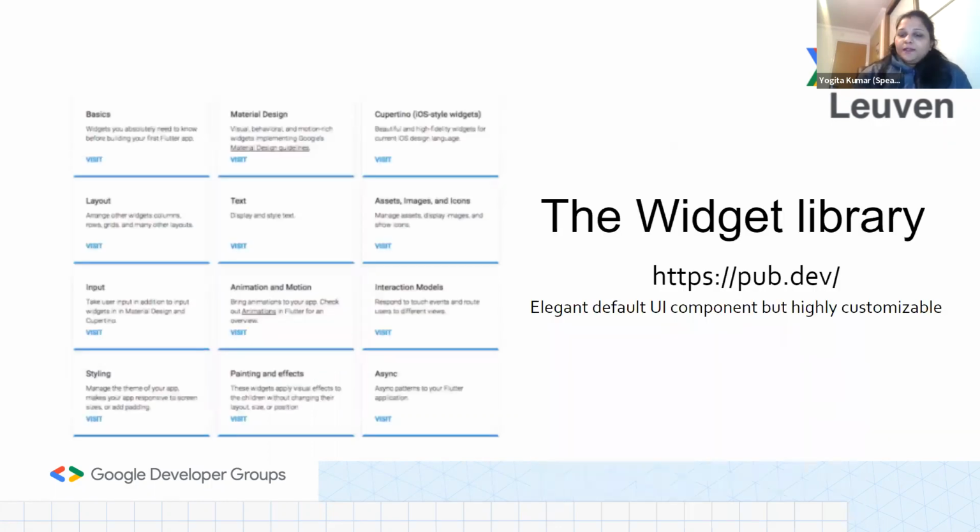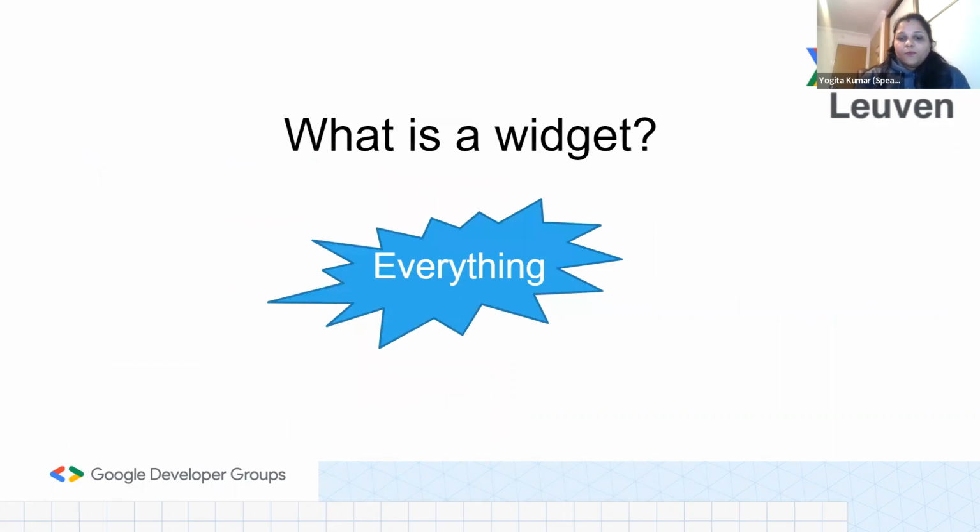In Flutter, there is a widget library. There are basic widgets. You can use these widgets to design your application, and they are very elegant default UI components. You can easily use them, and they are highly customizable. You can customize them according to your needs and designs. So what is a widget? In Flutter, widget is everything. Yes, everything.